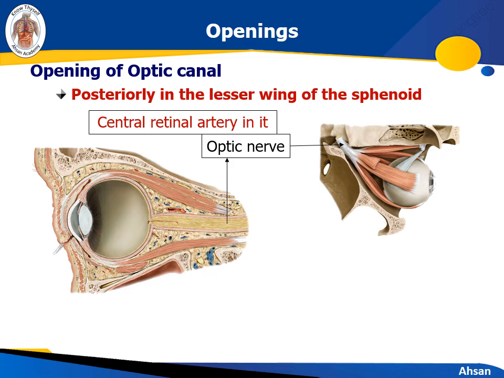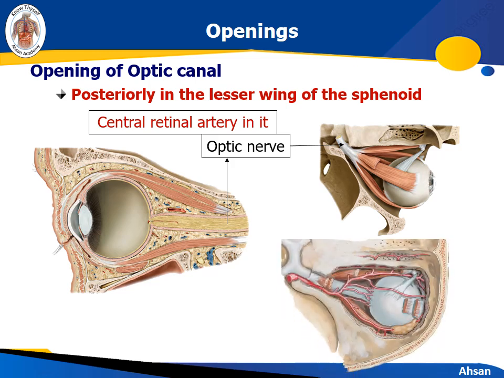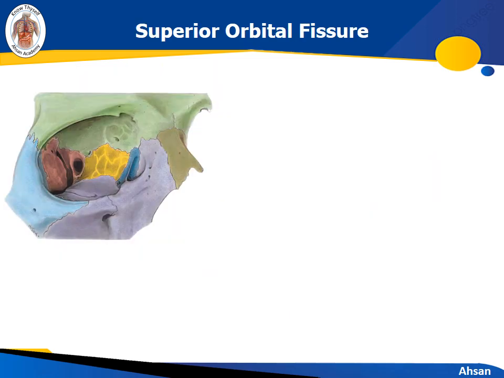So optic nerve along with the central retinal artery passes through this optic canal. And the second thing, you can see by the side of the optic canal passes the ophthalmic artery. So optic canal transmits the optic nerve with the central retinal artery, and by the side ophthalmic artery.